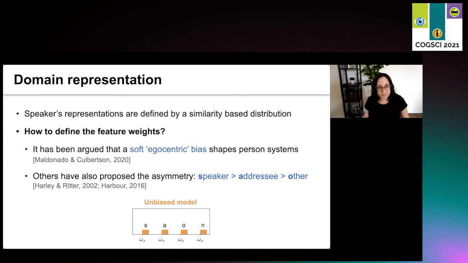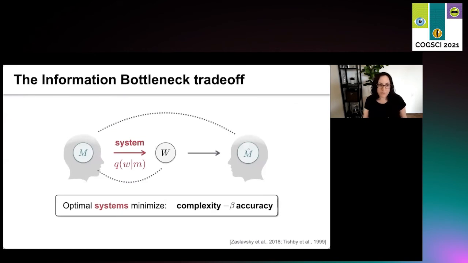In addition, a secondary asymmetry favoring participants in the conversation has also been proposed in the literature. So to formally test these proposals, we define an egocentric model in which these biases are reflected in the relative feature weights. So now, for each model, we can compute the theoretical limit of efficiency by solving this optimization problem given their underlying representation of the domain.